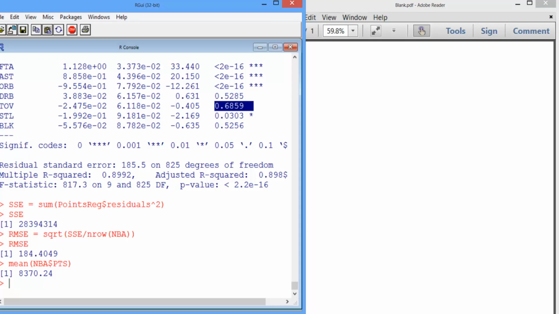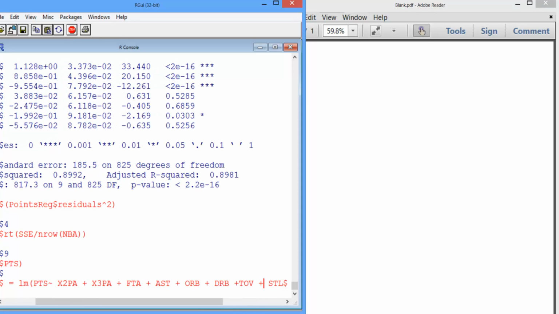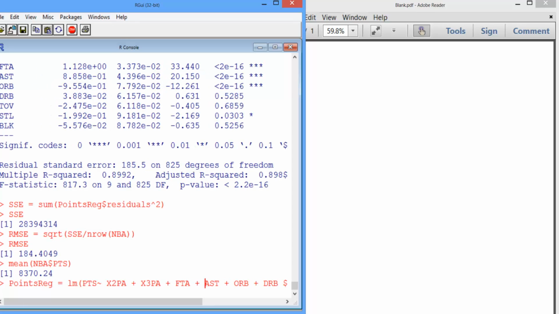So let's create a new regression model without turnovers. An easy way to do this is to just use your up arrow on your keyboard and scroll through your previous commands. Okay, so this is the command where we define the model. So now let's delete turnovers. Okay, and we'll call this points reg 2.